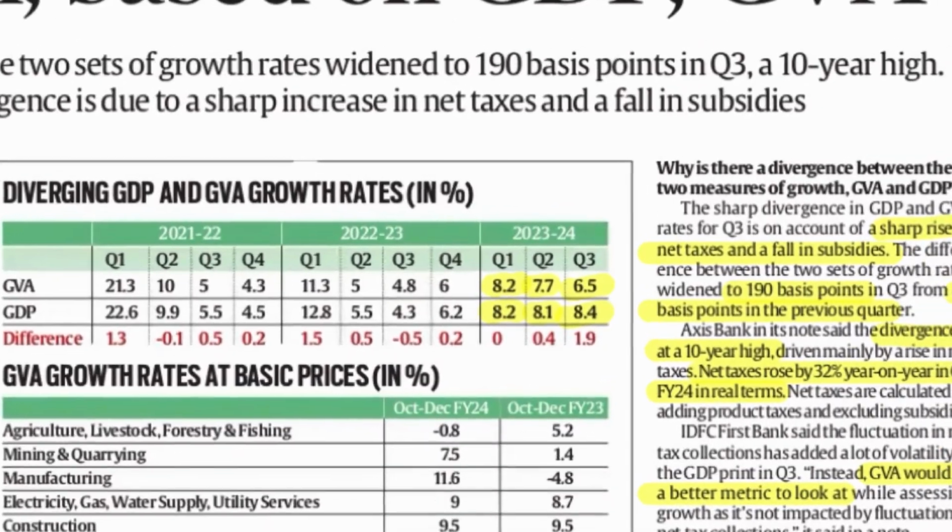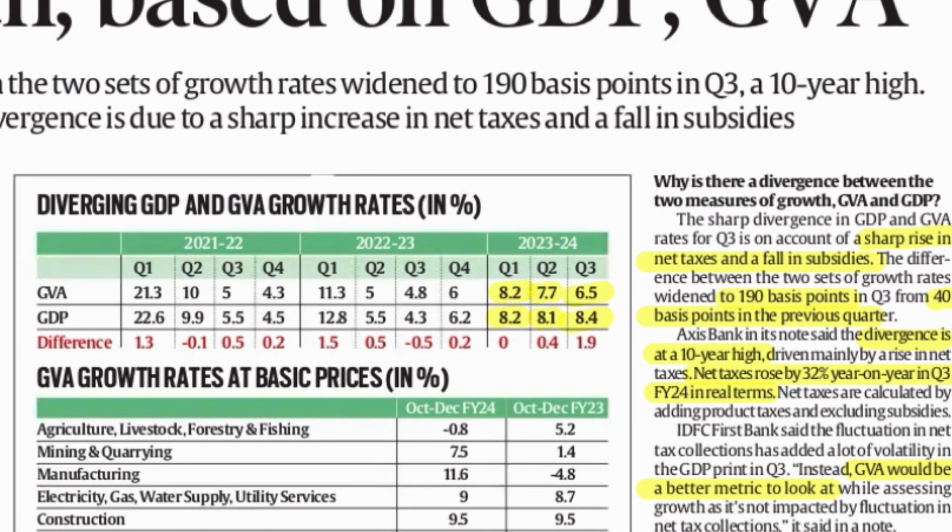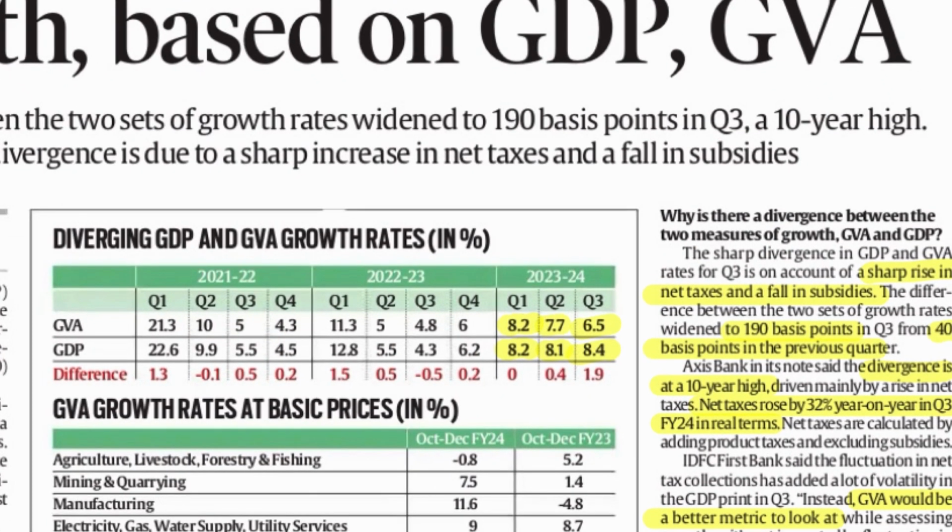We look at the numbers over the last few years. This was 2021 to 22, 22 to 23, 23 to 24. So now we'll look at the numbers. This is the GDP and this is the GVA row. And we see the difference between GDP and GVA.